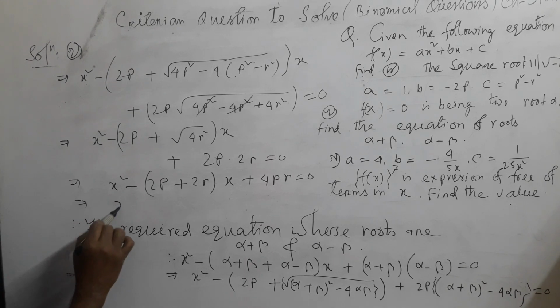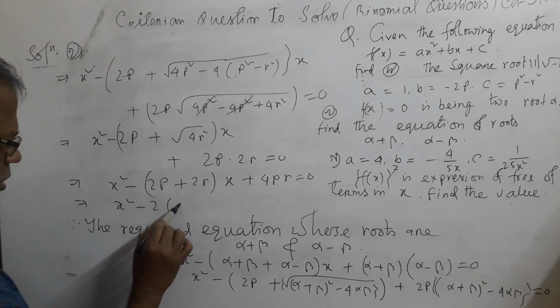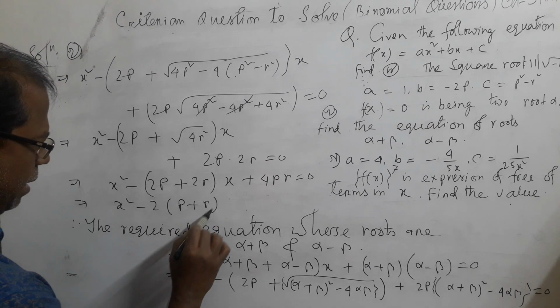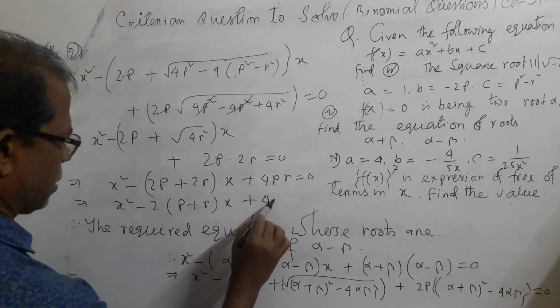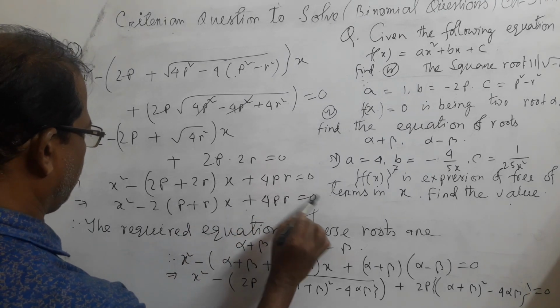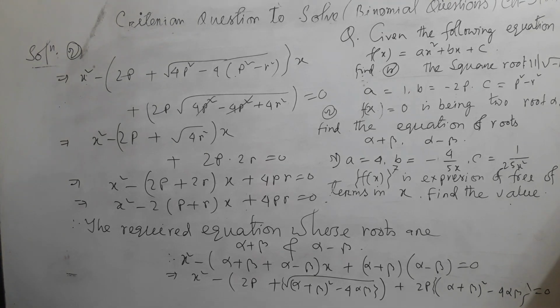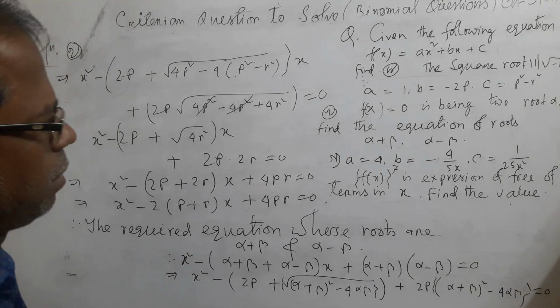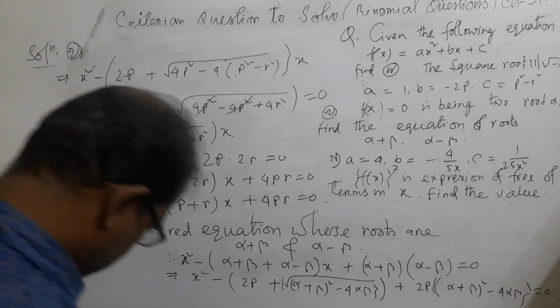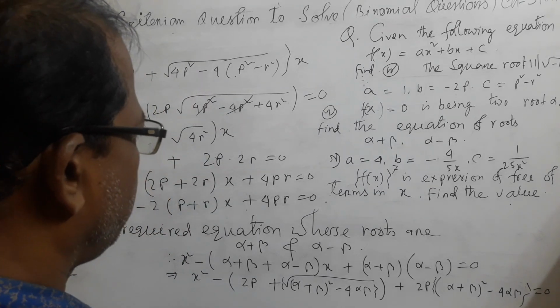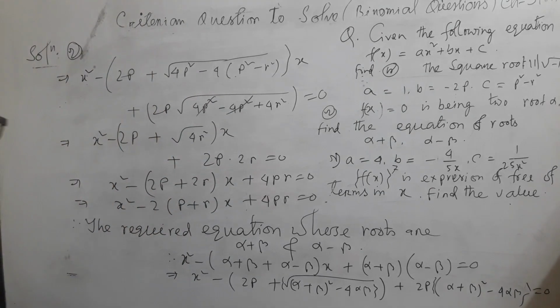So that implies x square minus 2 into p plus r into x plus 4pr equal to 0. It is the required equation.